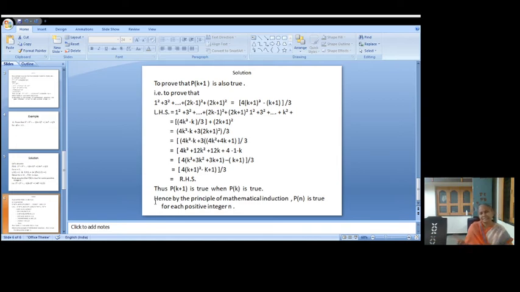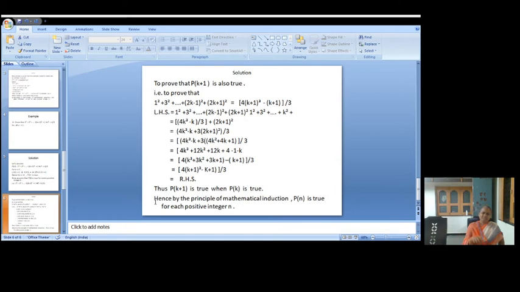Now here 2 minus 1 equal to 1 is there, and hence we write the term as 1 square plus 3 square plus up to 2k minus 1 bracket square plus 2k plus 1 bracket square equal to, we have to prove that, 4 in bracket k plus 1 cube minus k plus 1 whole divided by 3. Means we are taking the value of k in the form of k plus 1 only. And that's why here we have to prove the LHS and RHS parts are equal.